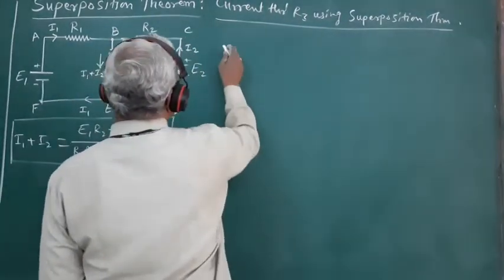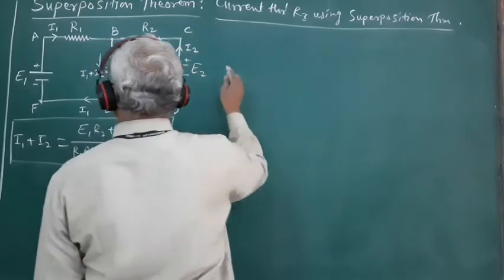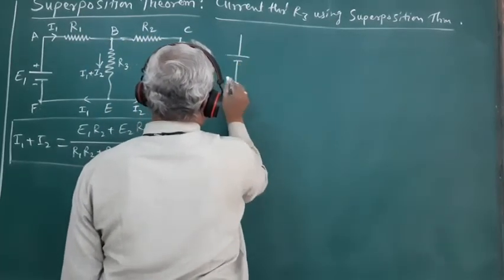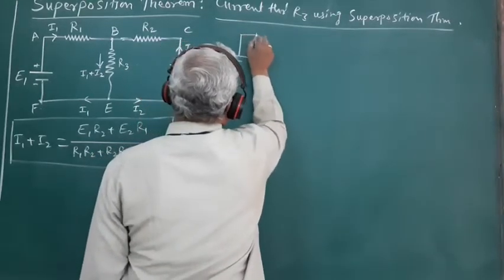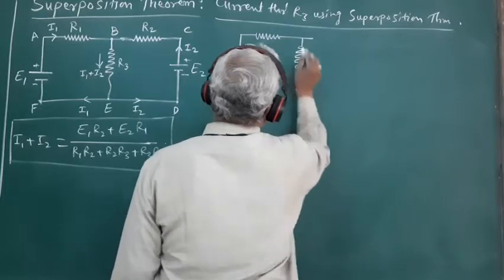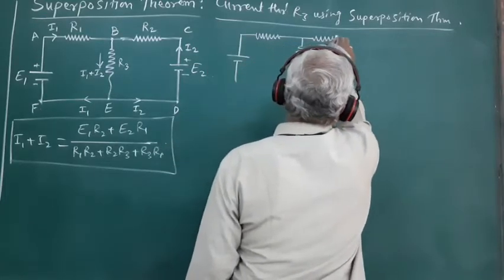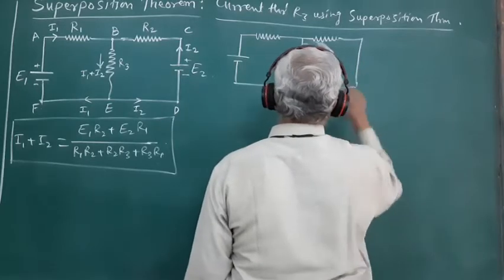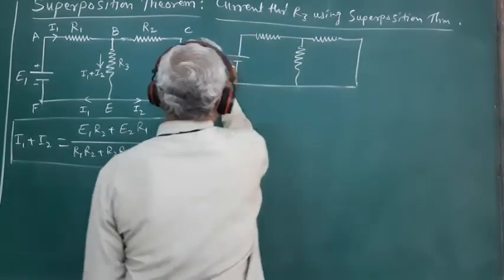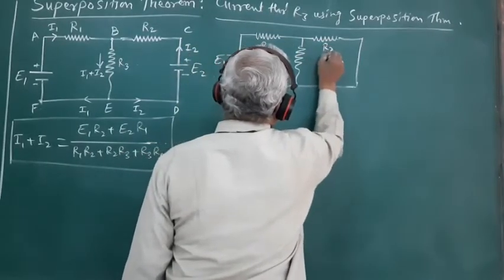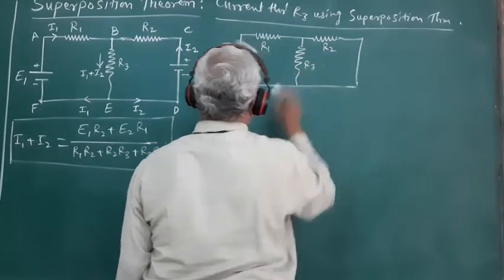So if we kill the E2 for its EMF, the network we get will be of this type. This is E1, this is R1, R3, R2, and E2 is killed for its EMF temporarily.